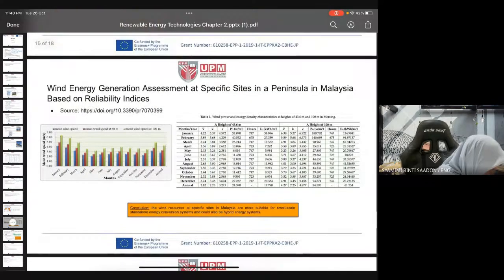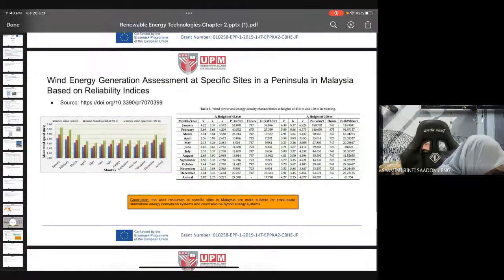So these are again the data found by the same paper. Here it shows the wind speed at the lowest altitude, and then 60 meters and 100 meters.